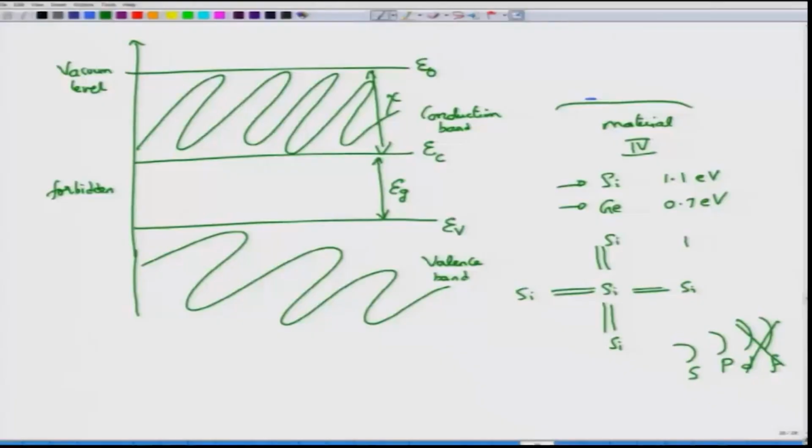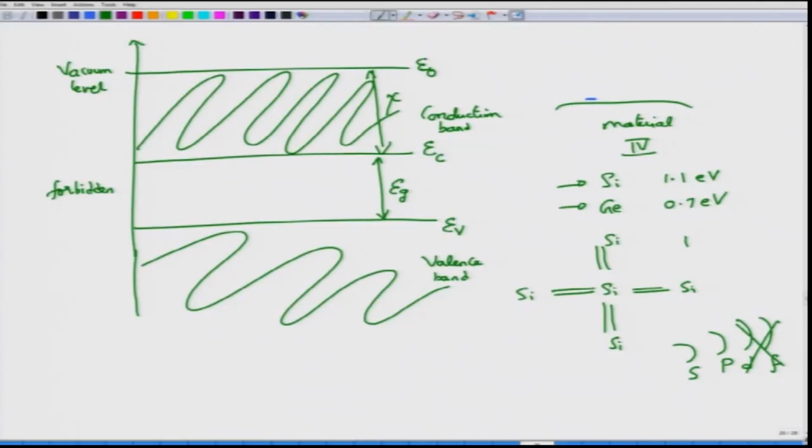Semiconductor materials are crystalline structures, so you can actually grow them, and most native semiconductors are the group 4 elements, of which silicon and germanium are the most prominent semiconductors that we want to study. Of course, it is not restricted to group 4.